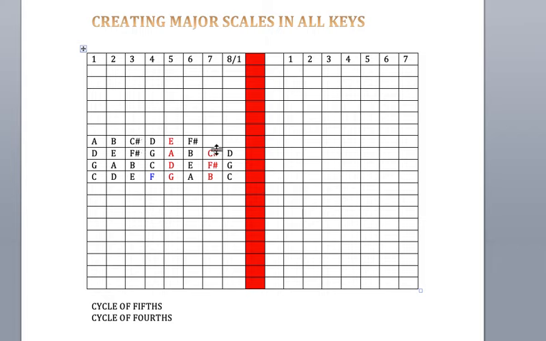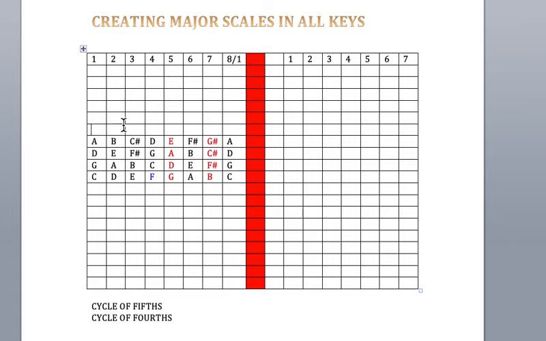So C sharp, F sharp, G, and A. The seventh of A is G, so we sharp the seventh, and we count again A, B, C sharp, D, E.